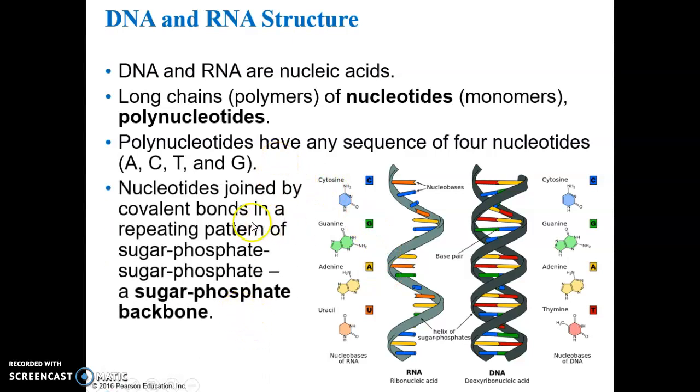The nucleotides are joined by covalent bonds in a repeating pattern of sugar to phosphate, to sugar, to phosphate, to sugar, to phosphate, and that forms what's called the sugar-phosphate backbone, represented here by this gray ribbon-like structure, whether it's dark or light gray. It's just color-coded.